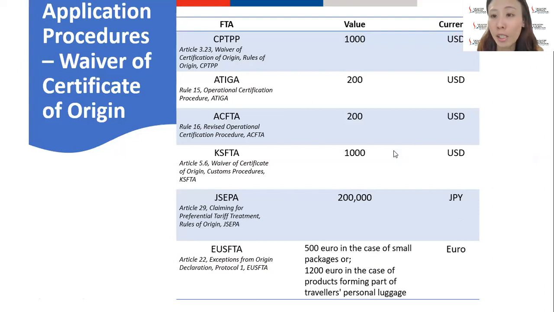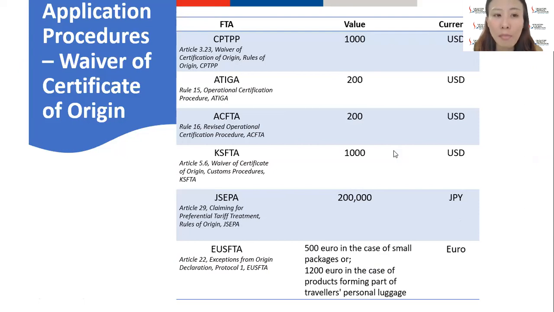There is a provision in FTA that allows for the waiver of certificates of origin. This means that exporters do not need to present a certificate of origin as proof of their product origin to be entitled to the preferential tariff if it is below the stipulated value. Companies will have to look up the respective FTA to find out the threshold values that apply.